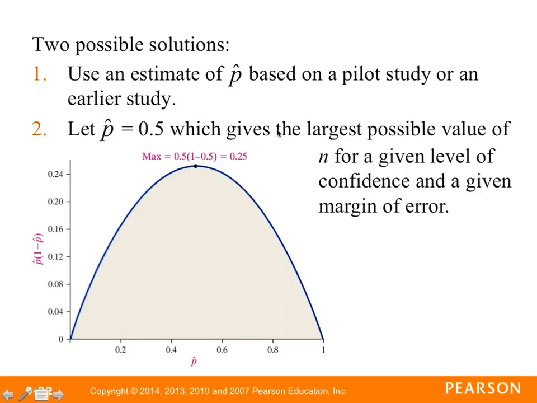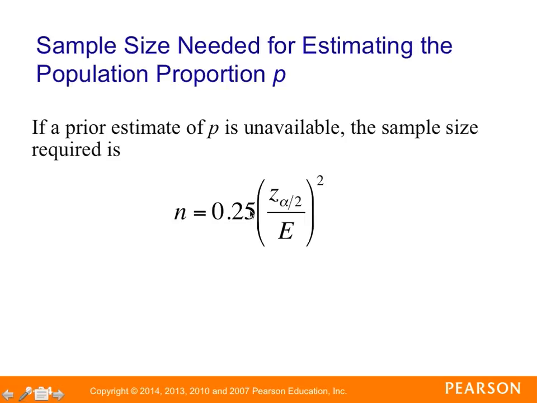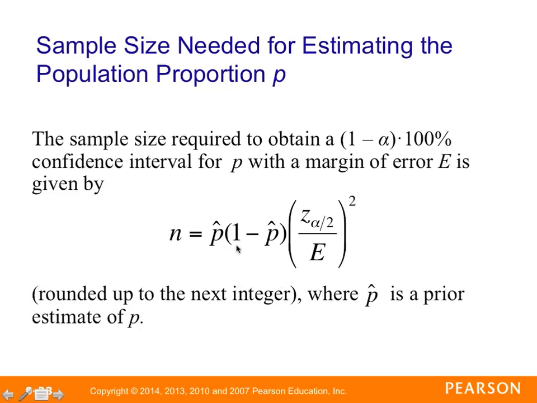So 0.25 gives us that maximum value. So we have this formula here, which is one way to estimate it, or we have this one here, which uses 0.25. You're going to use this one if you have no prior estimates. You're going to use this one right here, where you have p hat times 1 minus p hat, if you want to actually use a prior estimate.